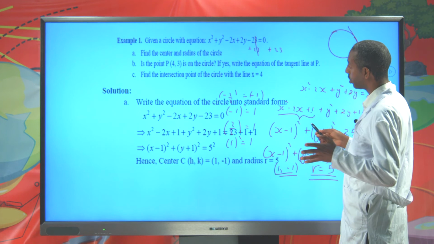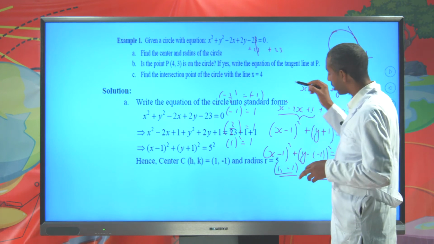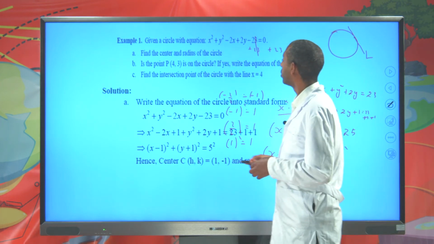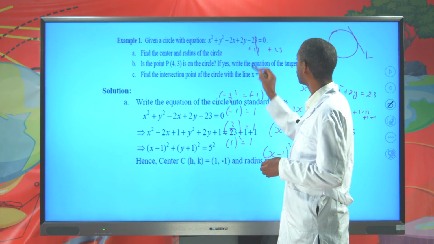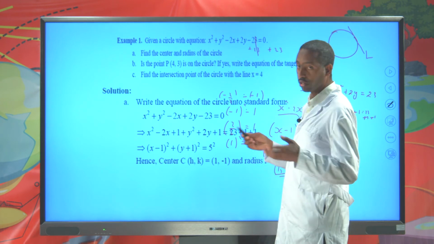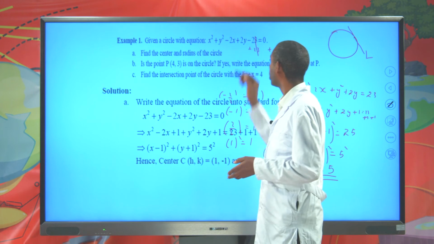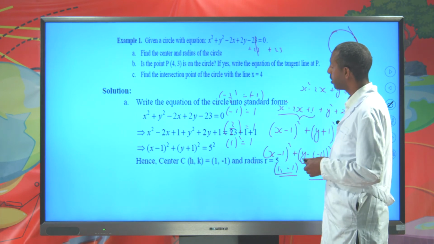We may do it in different ways. Maybe what you have to do is substitute the numbers in the given equation. If you get a true statement, the point (4, 3) is on the circle.